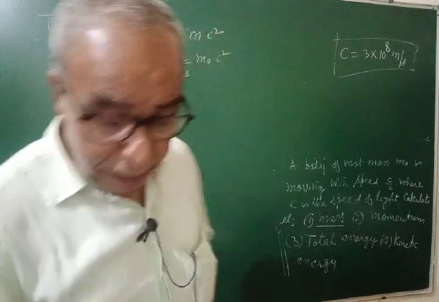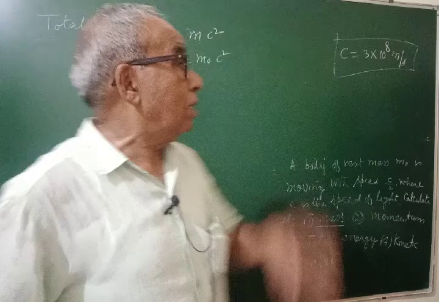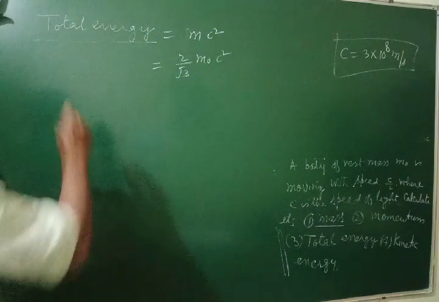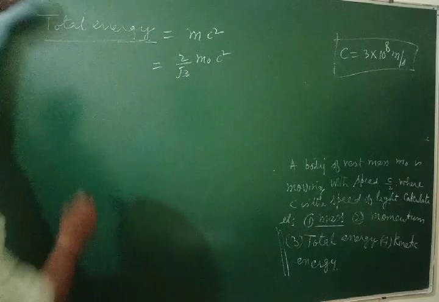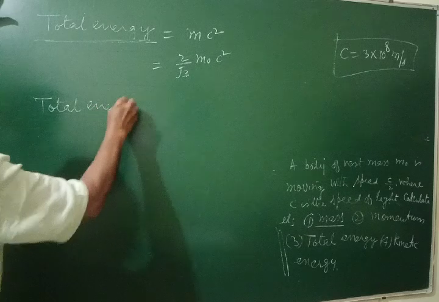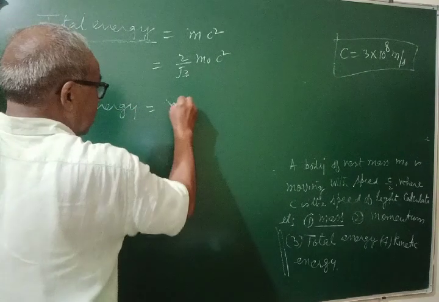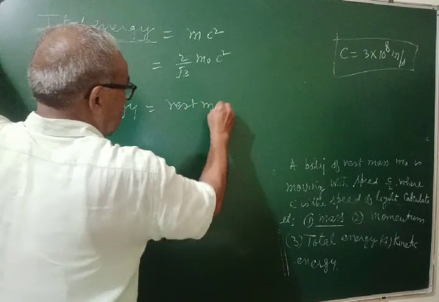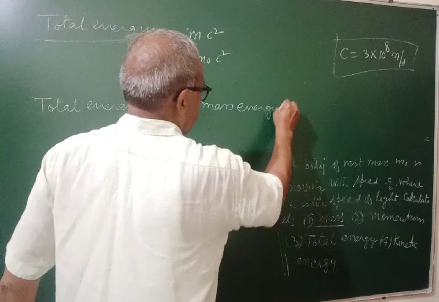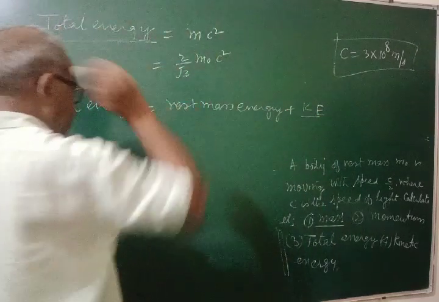I told you while teaching different forms of energy and the law of energy that mass and energy are relativistic. Now, this total energy is equal to rest mass energy plus kinetic energy of mass m.